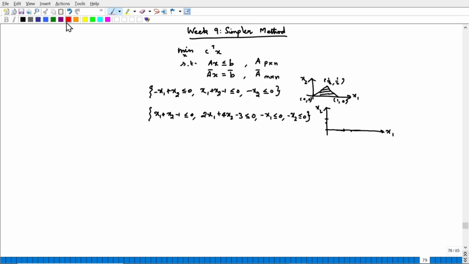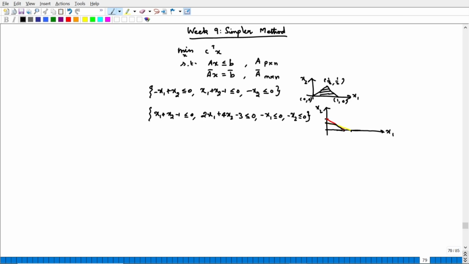The first one, x1 plus x2 minus 1, is the red one, and the second one is yellow. The intersection of both I will draw in black.